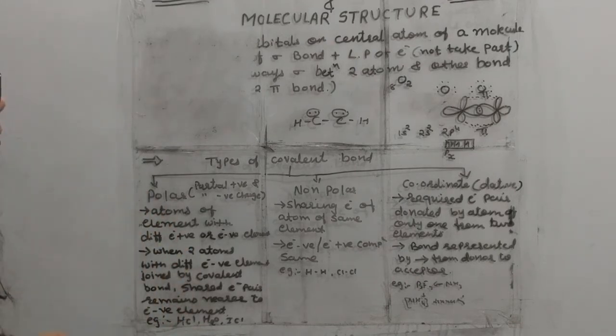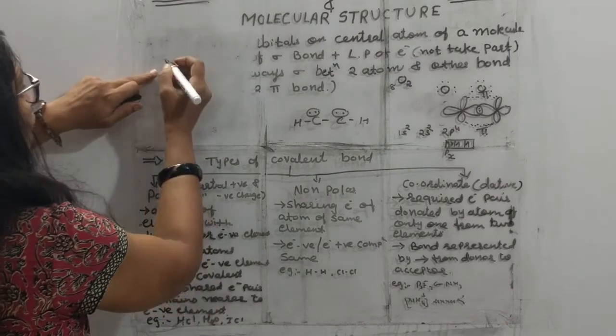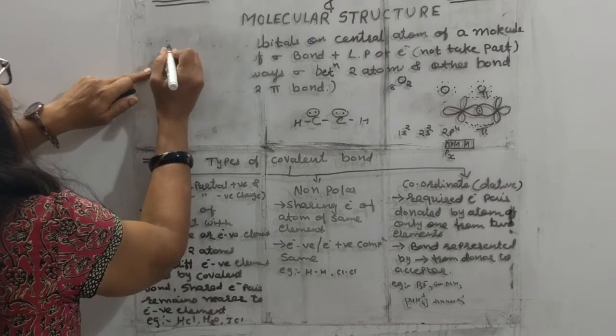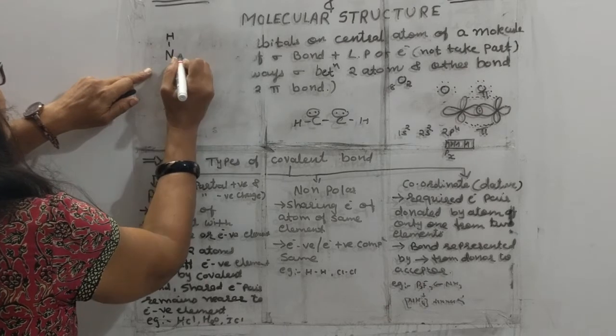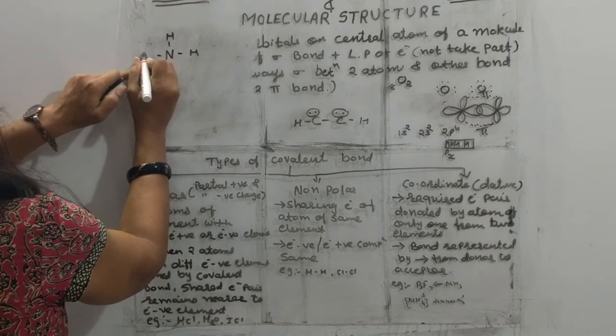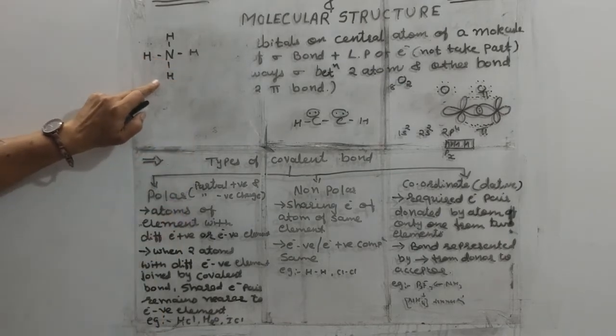Means if we take the example of NH4 plus, nitrogen has 5 valence electrons. So NH4.